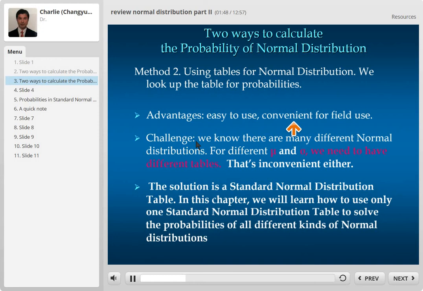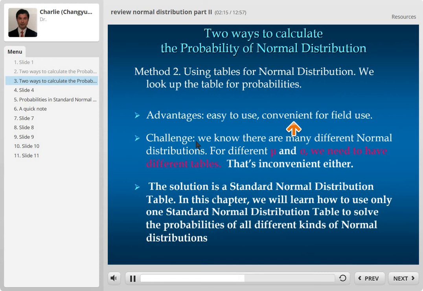The challenge is we know there are many different kinds of normal distributions. For each specific normal distribution, we need to have a specific table. So at the end of the day, we will have a lot of normal distribution tables.